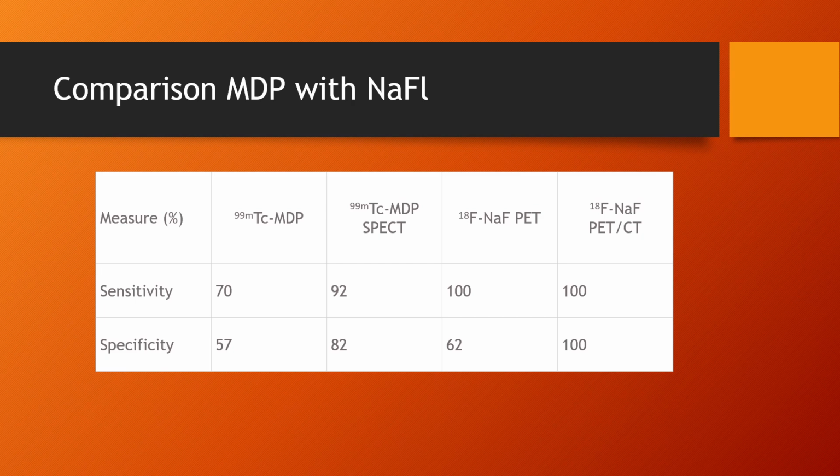Now, specificity is a little bit trickier. That's always been poor with bone scan imaging. That's the ability to differentiate between different pathologies. So let's say that somebody has a hot spot that's showing up in their femur.